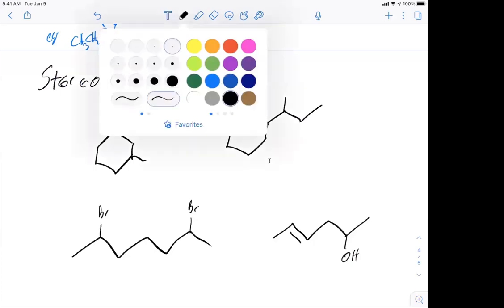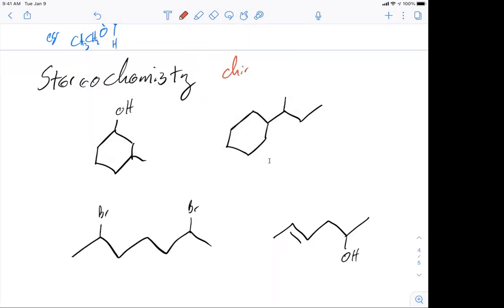Mark all of the chiral centers with an asterisk.